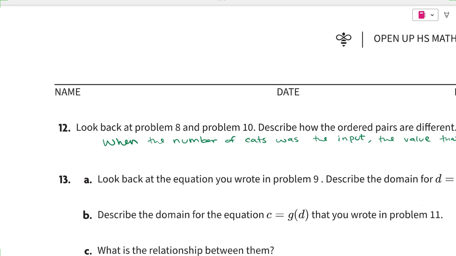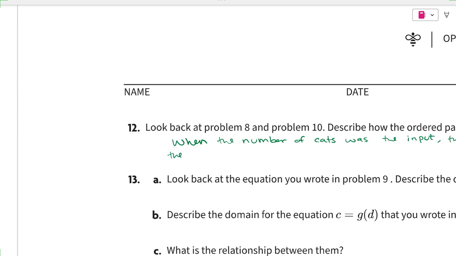It was the first component listed. And vice versa, right?